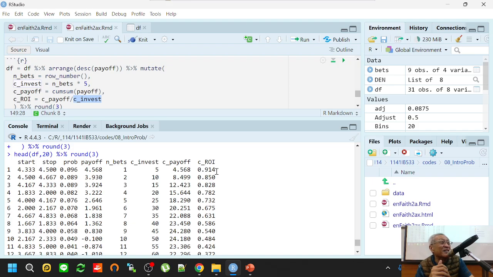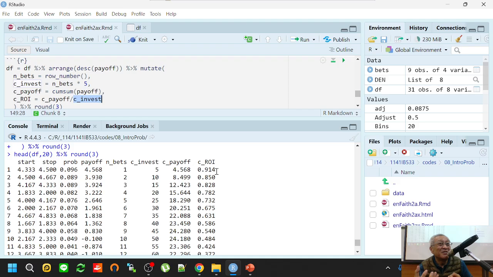If you have unlimited capital, of course you can bet on every period that generates a positive payoff. But on the other hand, every company has only a certain amount of money, so you might have a constraint on your investment.